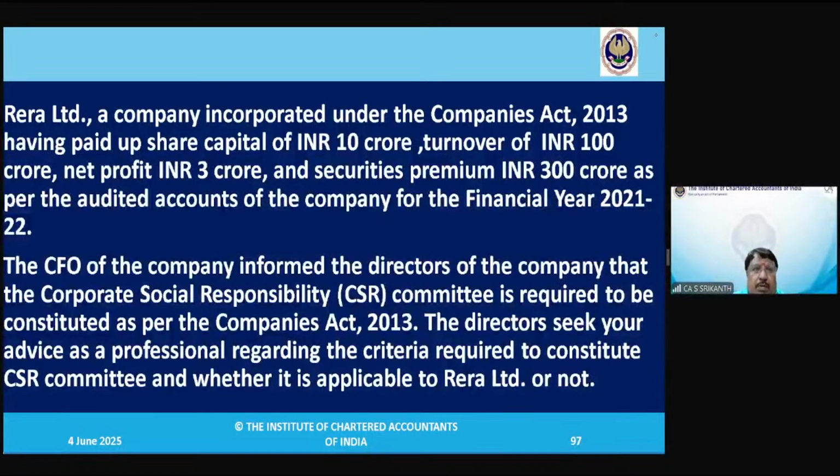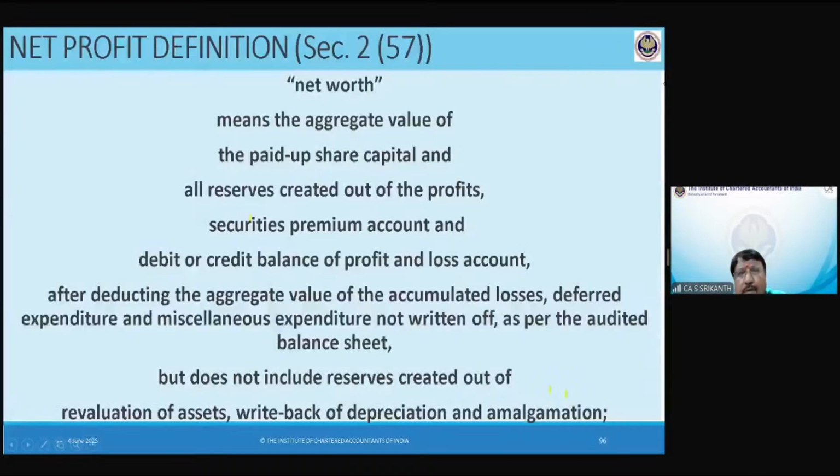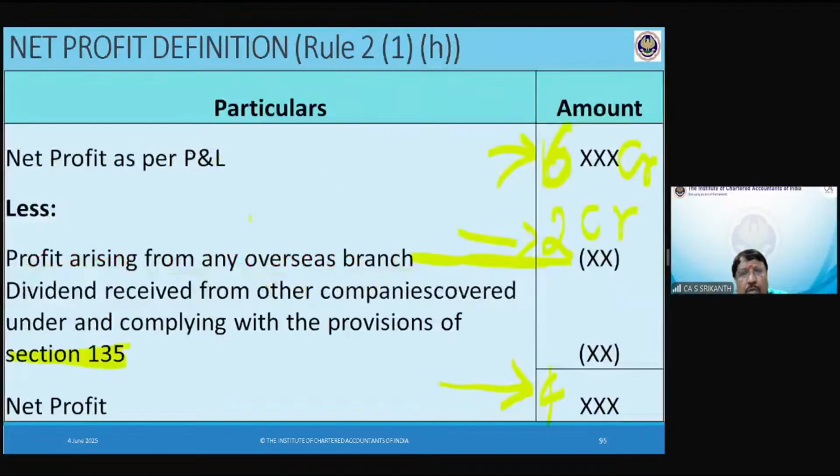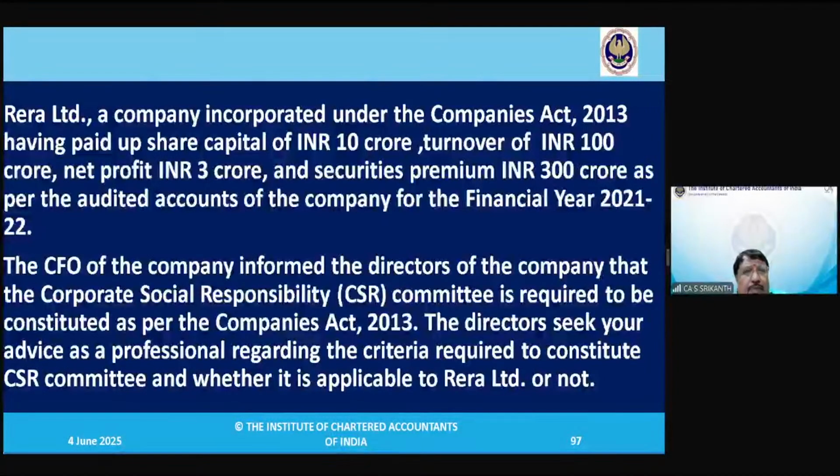So, see, check it up with this. First is net worth 500 crore. So, net worth means paid up capital 10, securities premium 300, I get only 310. Turnover 100 crore, less than 1,000 crores.